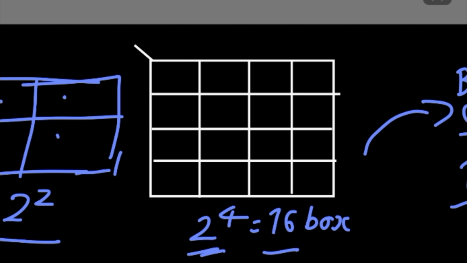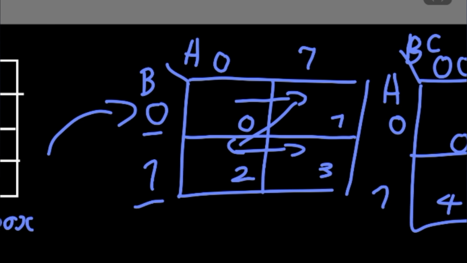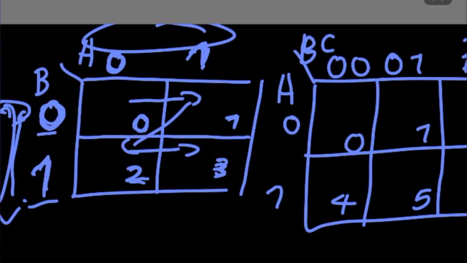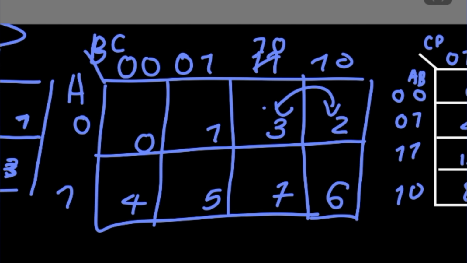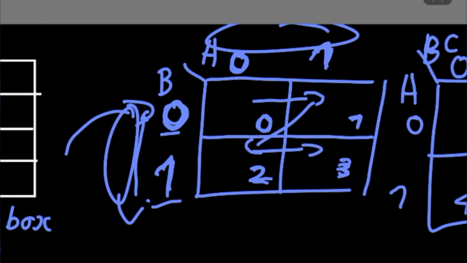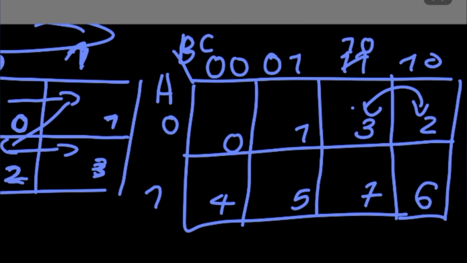Now let's see how numbering works inside the K-map, as everything happens according to the numbers. At first is the 0 and it increases by 1 bit, so 0 and 1. Now let's see for 3 variables. Here it is a and b, here it is a, b and c.